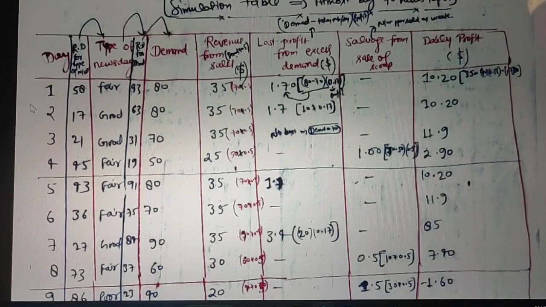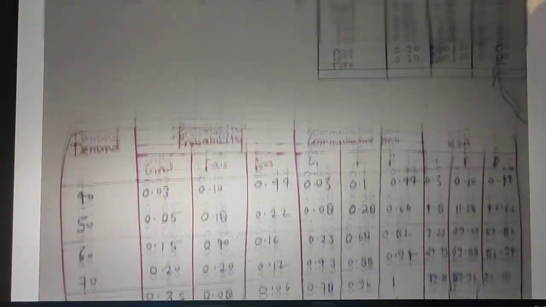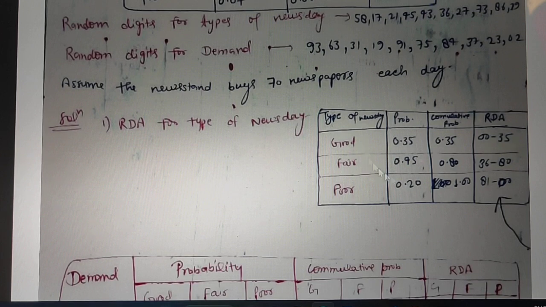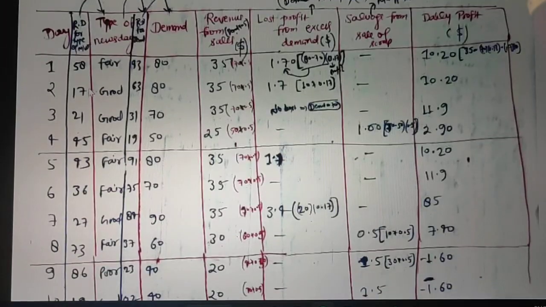Then the day is 2, and the random digit for type of news day is given as 17. Now we have to see which range 17 lies in, 17 lies in this range, so 70 will give us that the day is good. So when the day is good, now the random digit for demand is given as 63.